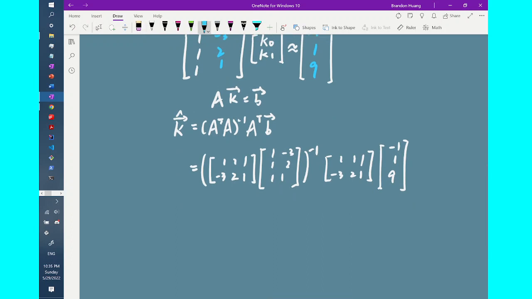I'm going to use the rules of matrix multiplication and deal with these matrices group by group, in the order of this, so I can finish as much mechanical math in each step as possible. So first I'm going to deal with the first parentheses, which requires me to get an inverse of something. That something being the product of A transpose A, but I first need to get the A transpose A components.